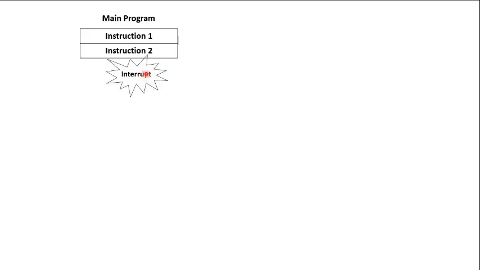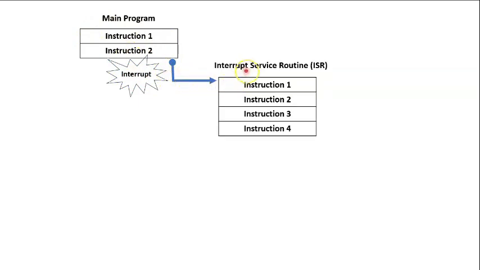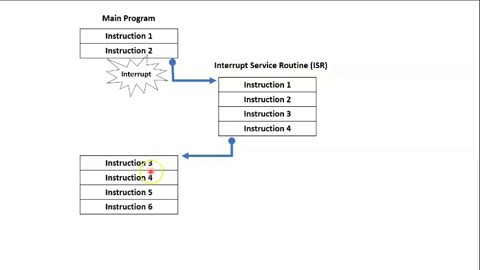Assume the interrupt occurs at this point. Then the main program is suspended and the interrupt service routine, the ISR, will be executed. Once this ISR is completed, the control is returned to the main program, and the rest of the main program will then be executed.